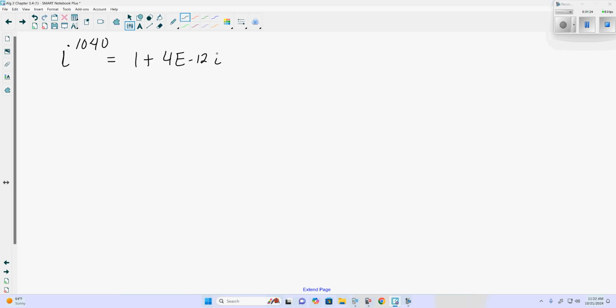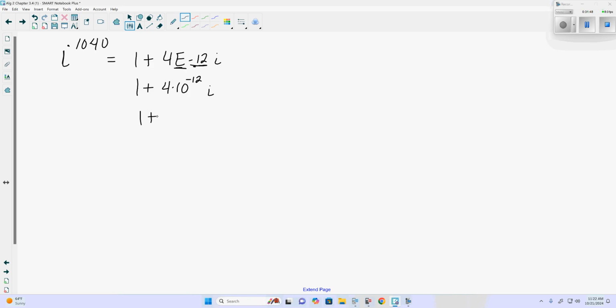But this one here gave us this. Now, the graphing calculator, what it means by E is that it's multiplying 4 by 10 to whatever the number is after it as a power. So we're saying 4 times 10 to the negative 12 i is what it's saying for this here.